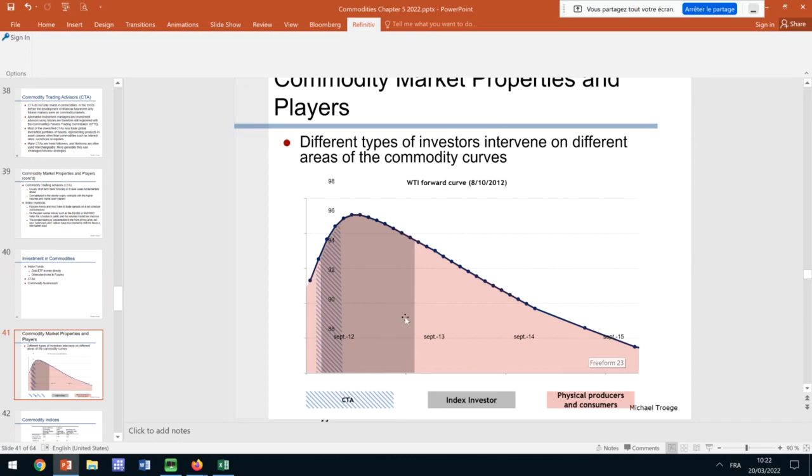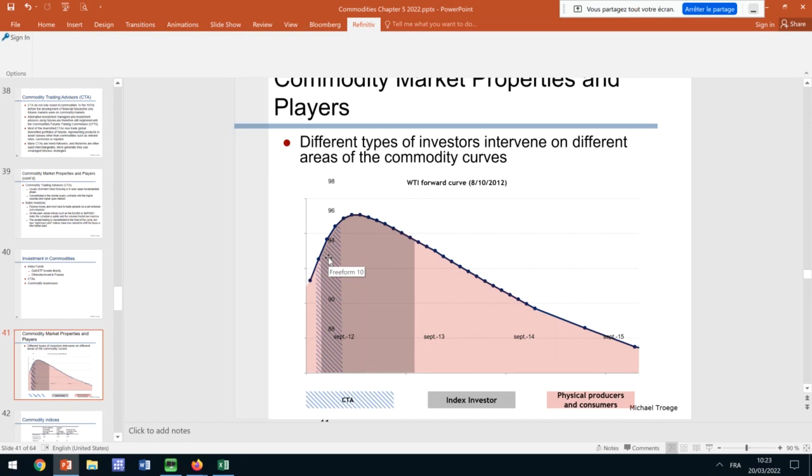You have the CTAs, the hedge funds, that are mostly active in the very short end of the futures curve, the nearby and the next one, but not much further. They implement very rapid trading strategies around these short-term futures, the futures that are soon expiring.